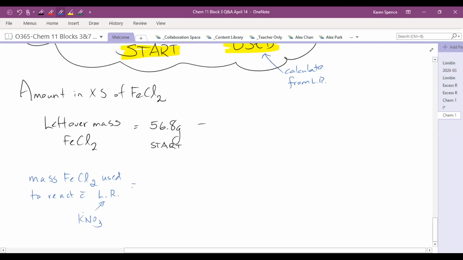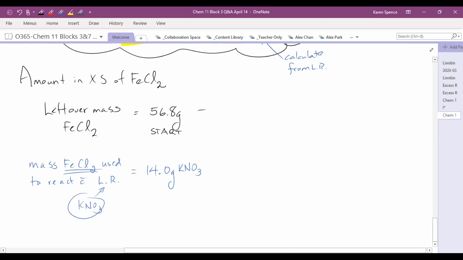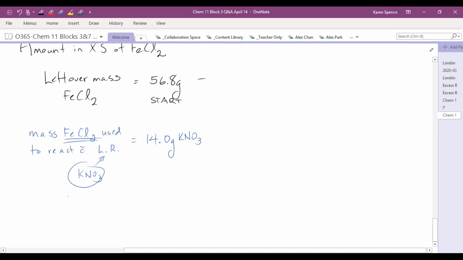We're going to start with the KNO3, and we had 14 grams of that. That was given in the question, KNO3. We want to find the mass of FeCl2. So what we're going to be doing here is going from grams of KNO3 to moles of KNO3 to moles of FeCl2 to grams of FeCl2. Okay.